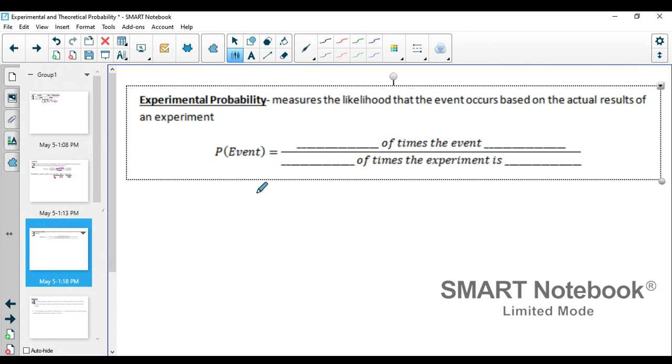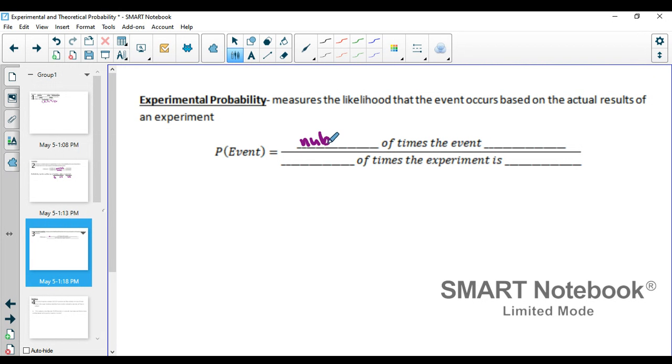So the probability of an event with experimental probability is the number of times the event occurs over the number of times the experiment is performed. So it's the number that it occurs over the number of times the experiment is performed. And that's with experimental probability. You actually do the experiment.